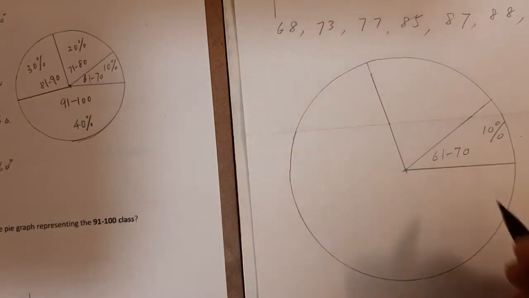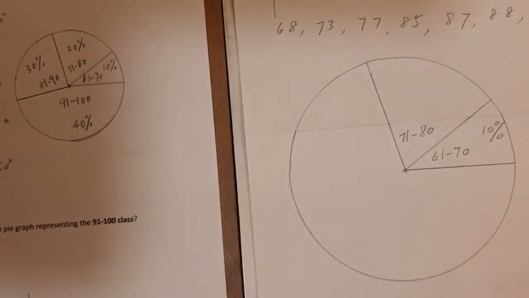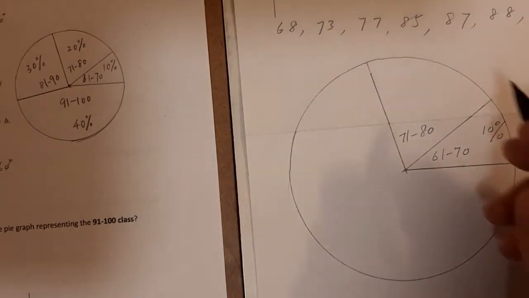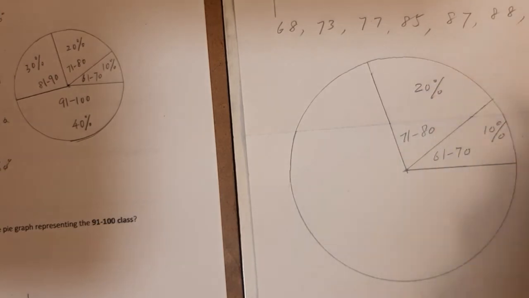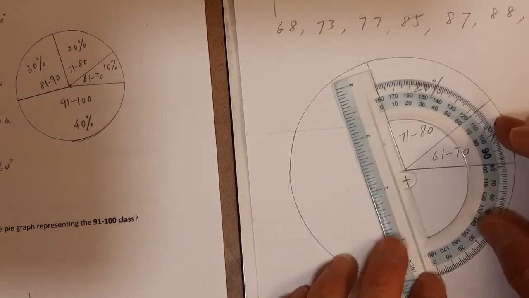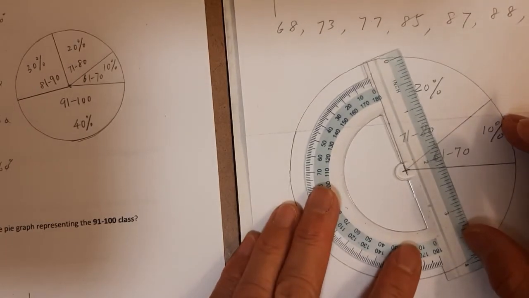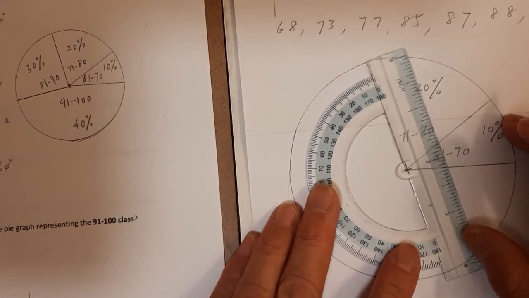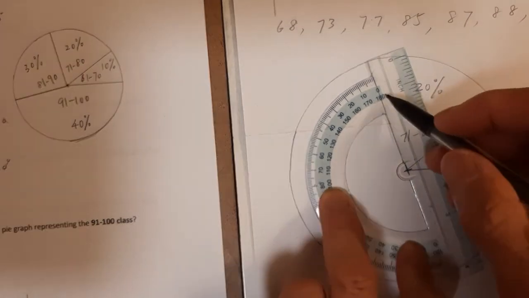And indicate the class, 71 to 80, and it's 20%. The next class also at the center, line up the line starting at 0.